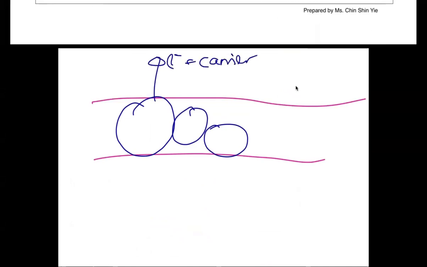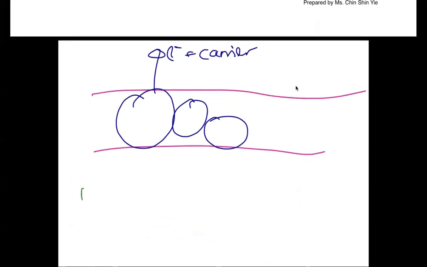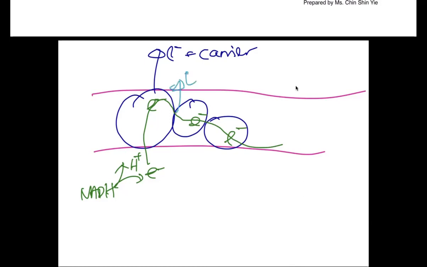What happened is that the NADH is going to release the H, which splits into H plus and electron. The electron will be transferred across, from here to here. This electron carries a different energy level, and then energy will be released.